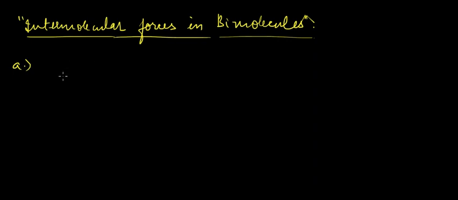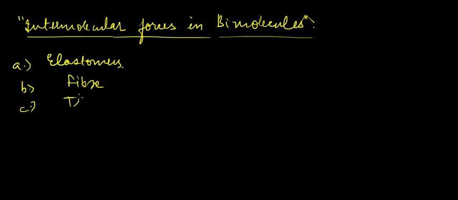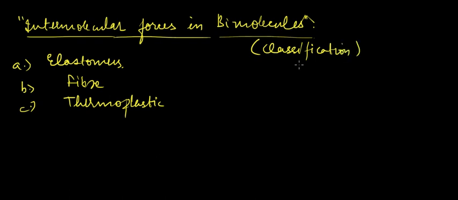So first is elastomers, then fibers, then thermoplastic polymers, and finally thermosetting polymers. So this is the classification of polymers based on intermolecular forces. So we can find elastomers, fibers, thermoplastic polymers, and thermosetting polymers.